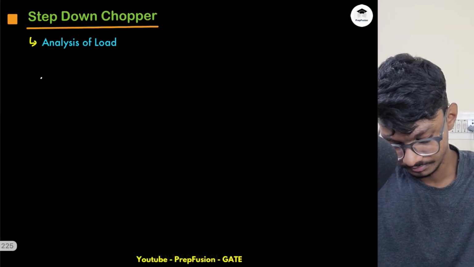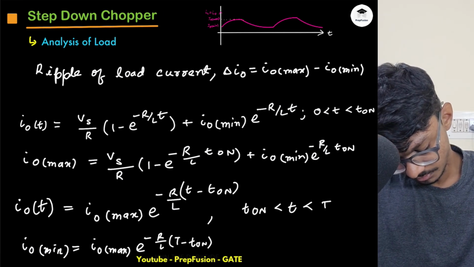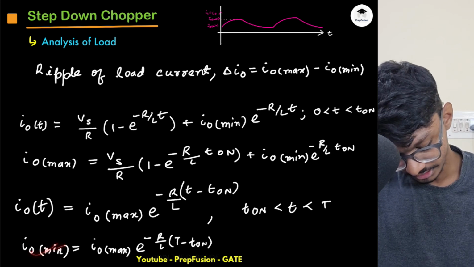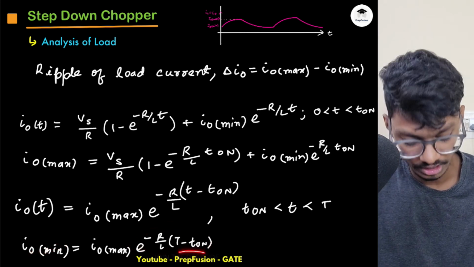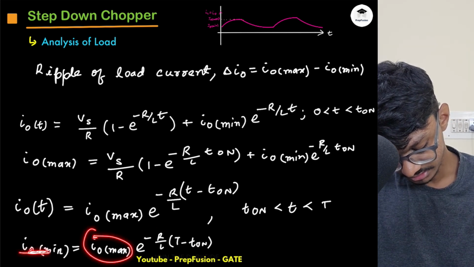So my IO minimum, or what I can do is I can put this maximum value as well. If I multiply e raised to power R by L, T minus T on, on both sides, what will happen? I can write IO max in terms of IO min.